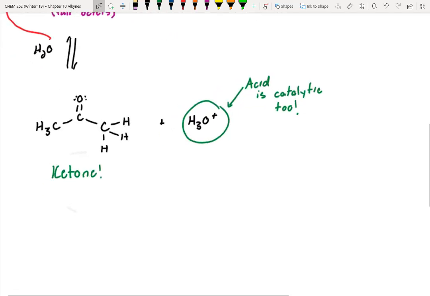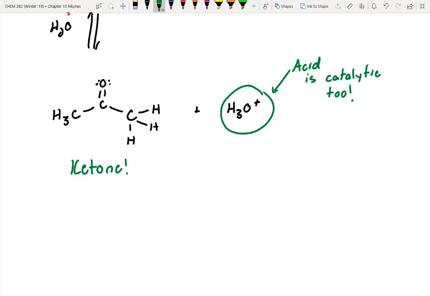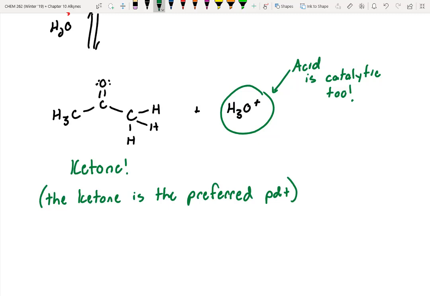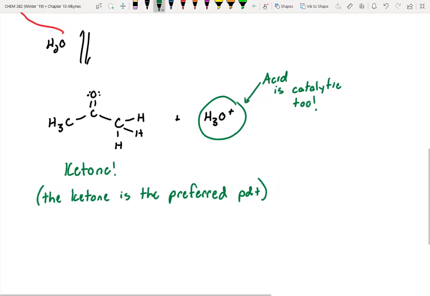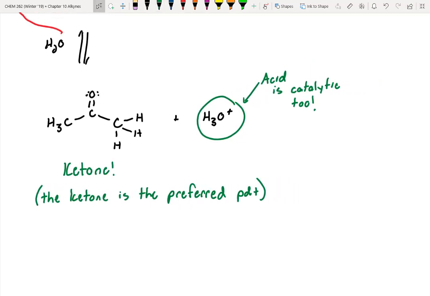So let's go ahead and say the ketone is the preferred product. All right, this is a reaction we're actually going to see a lot third term, but they introduced it this term already.